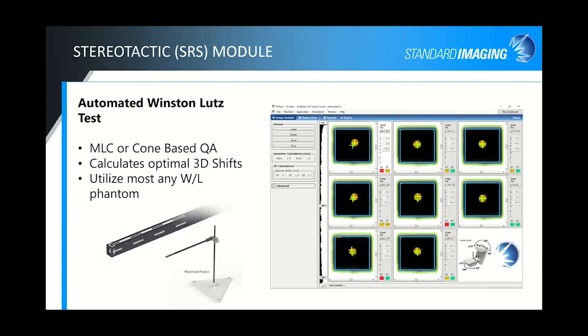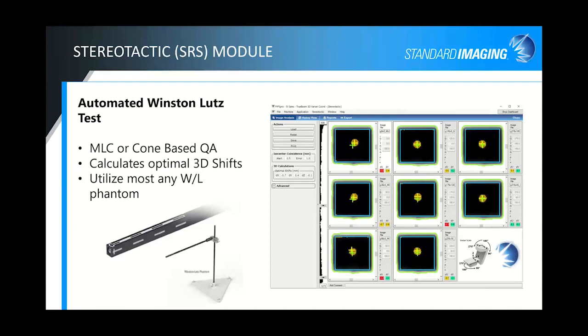The software, as you can see on the right, will find the radiation edge noted in green, as well as the radiation center, which is the green crosshair. It will also find the center of the ball marker of the Winston Lutz phantom and show you the center of that in the yellow crosshair.